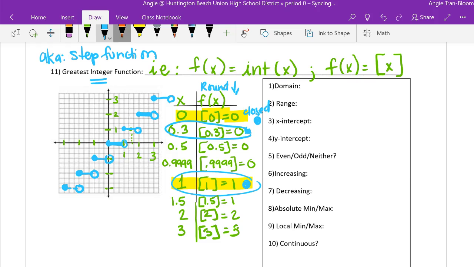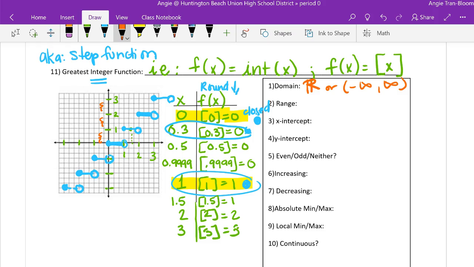Now, what is the domain? The domain is going to be all reals, or I can also write it in interval notation, negative infinity to infinity. The range is going to be interesting because look, I don't have anything in between there. You see that? None of that is there.